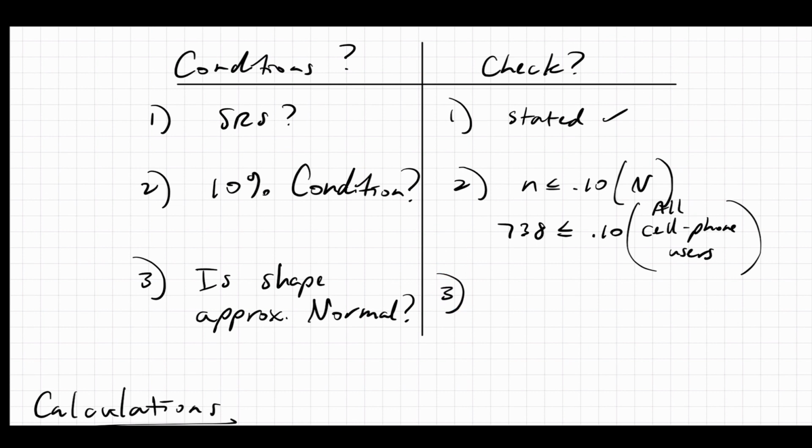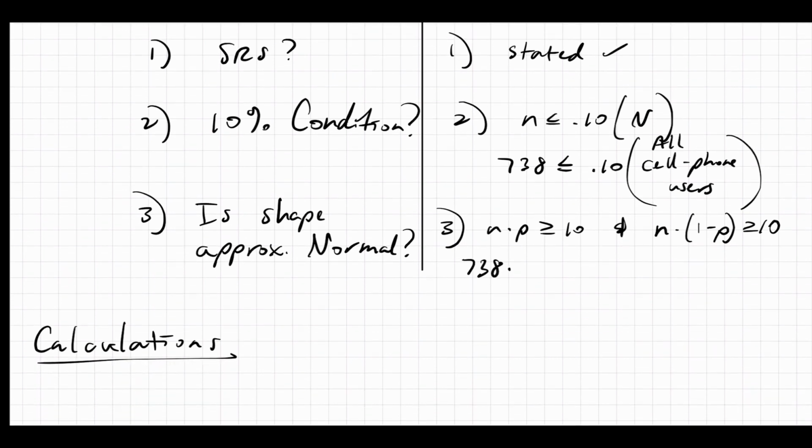Okay. Is the shape normal? Well, for proportions, we use this check. We always use that check for proportions. Means, when we do that next week, remember it's different. We use central limit theorem. Okay?